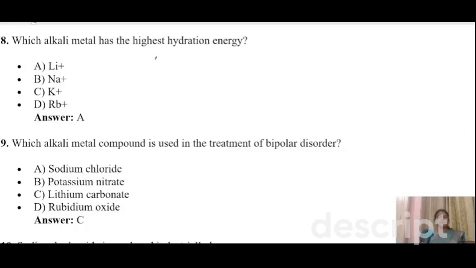Lithium reacts with water less vigorously. All the other metals react vigorously, sometimes explosively, except lithium, due to its high hydration energy. Therefore, the answer is E. This is the correct answer.